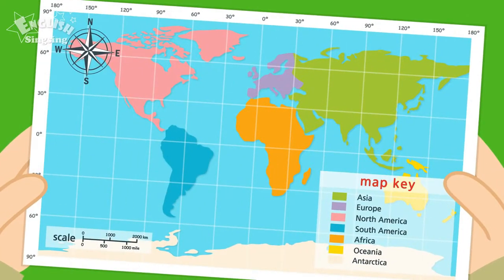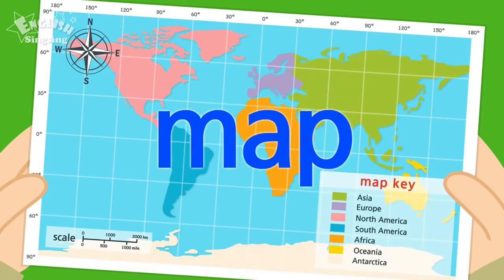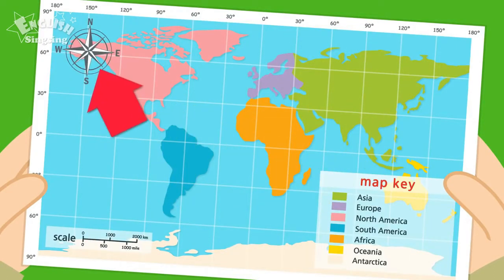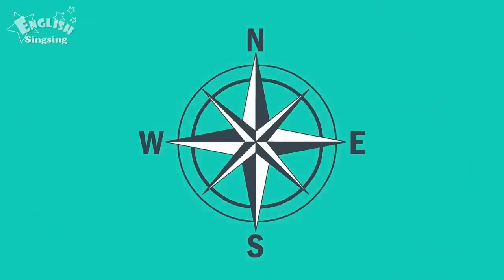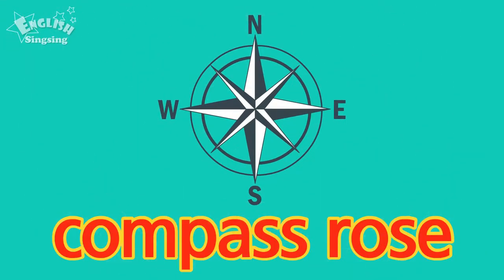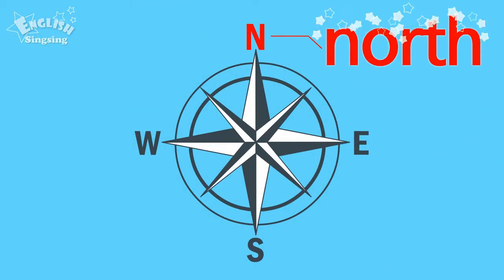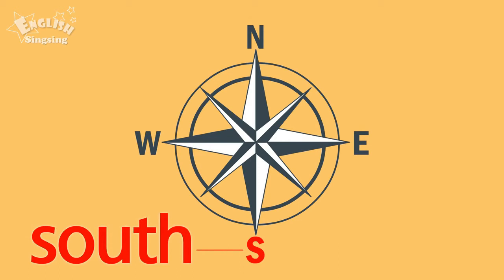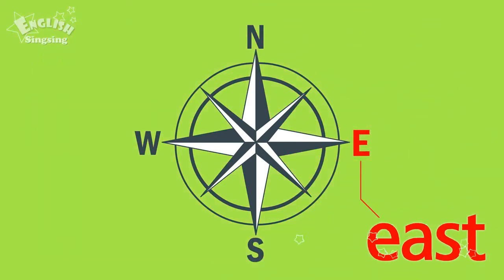Wow! How to use a map? It's a map. What's this? Compass rose. North. South. East.